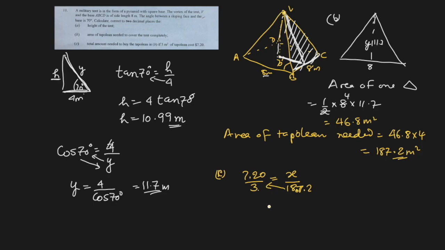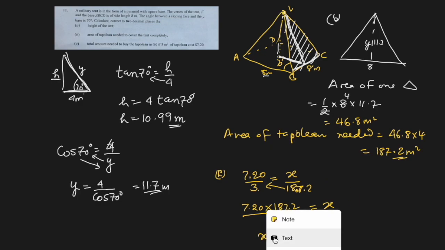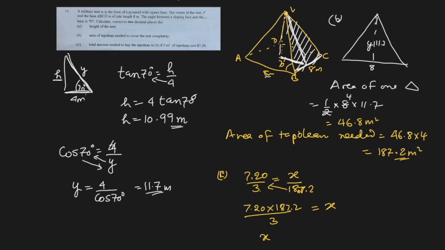Now we'll just cross multiply this. 720 times 187.2 over 3 equal to x. We'll get the cost of the whole tent, which comes out to be 449.28. X equal to 449.28 dollars.